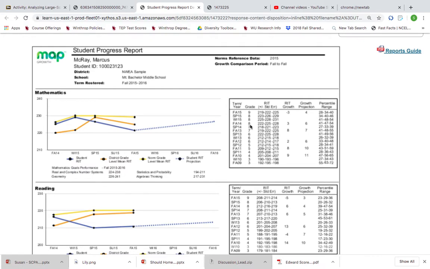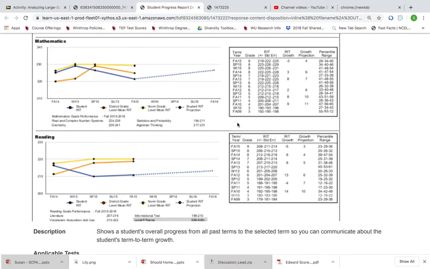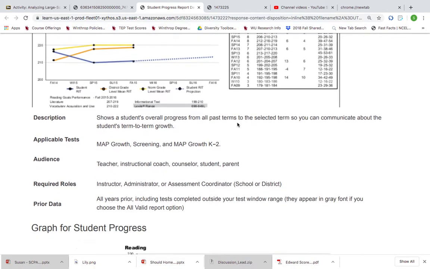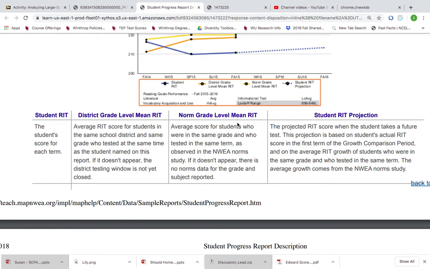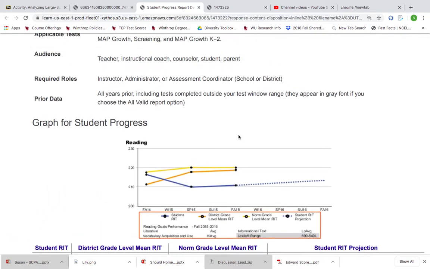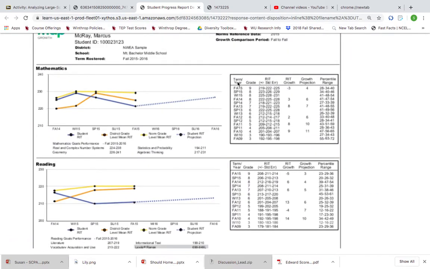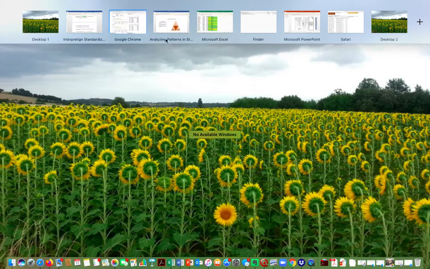Okay, now again, these types of things look really overwhelming. What is FA, SP, WI? This is when you take a breath. You don't freak out, right? It says somewhere in here what those mean, but those are just the times, your term and your year. So fall, spring, and winter. So in the fall of 14, he was in grade 8. Awesome.